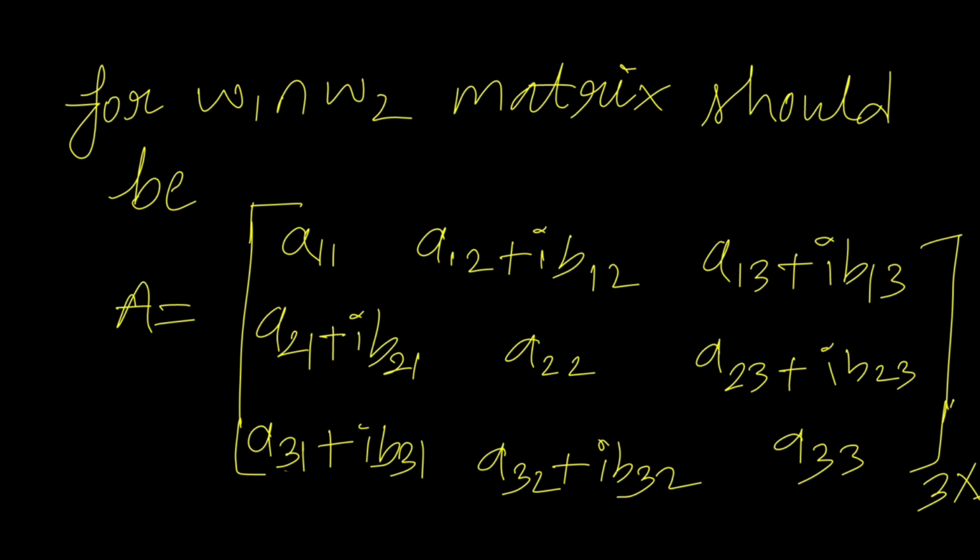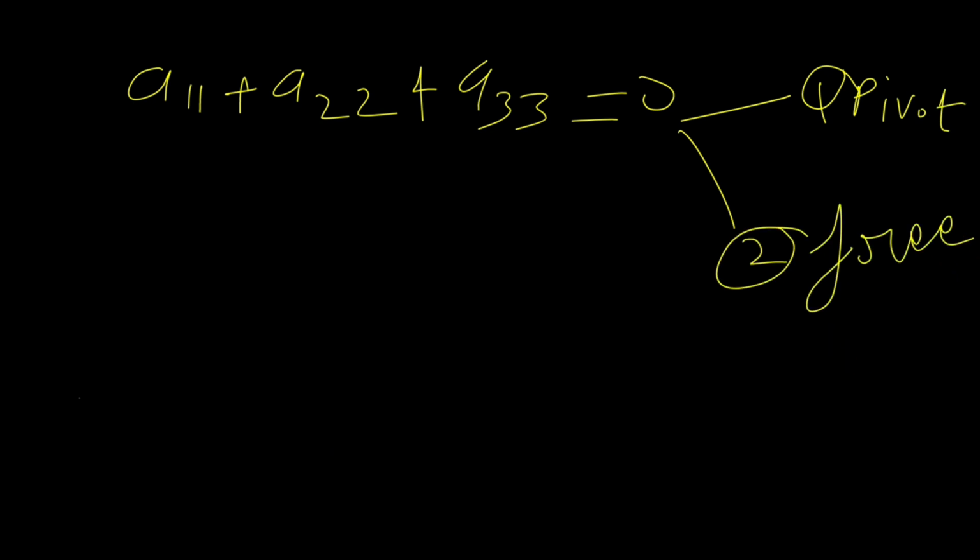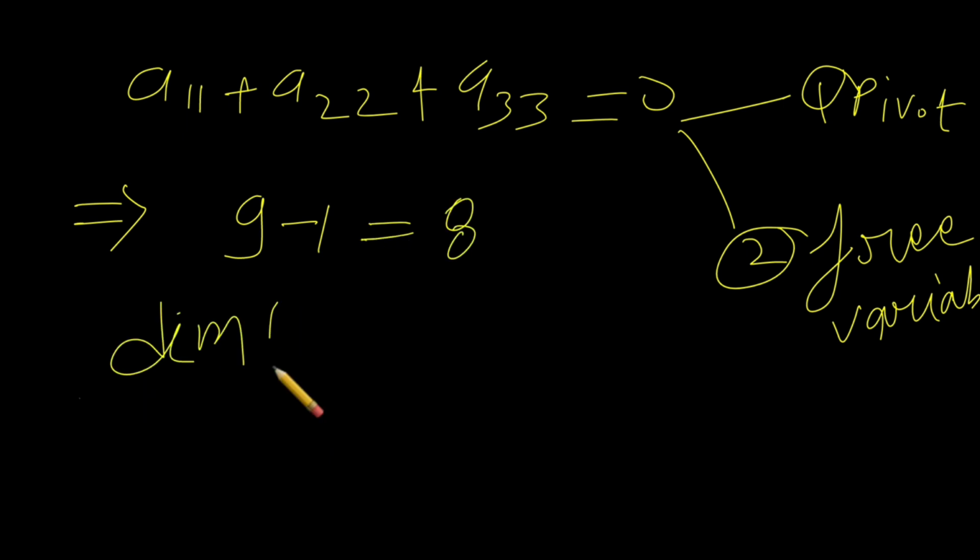The W2 condition is also included, which is trace of A equal to 0, so A11 plus A22 plus A33 equals 0. This gives one pivot and two free variables, so the dimension changes: 9 is the dimension with the first condition, minus 1 because of trace of A equal to 0, so the dimension of W1 intersection W2 should be 8.